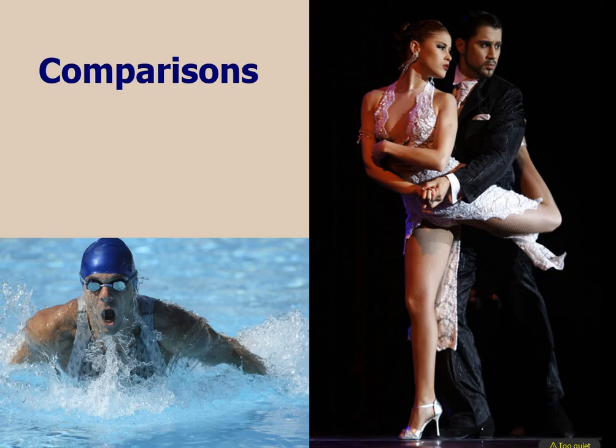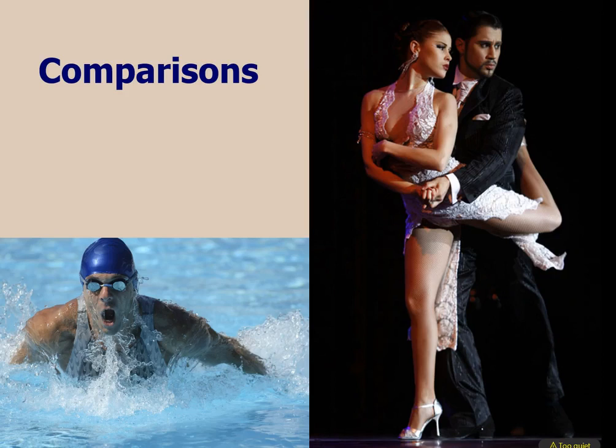When you're using a comparison, you want to make sure that even if you are trying to demonstrate differences, that they are somewhat alike. So here I have two types of athletic activities. And yes, dancing is considered a type of athletic activity. So I might be showing differences between swimming and dancing, but I can show the similarities as well.